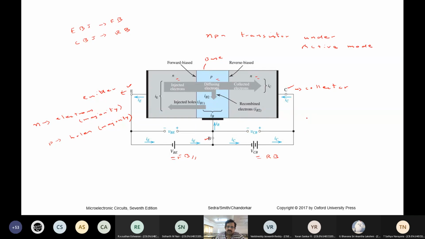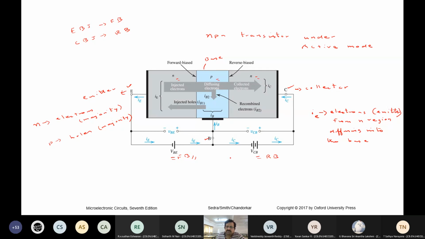So the emitter current is constituted by electrons from the N region, that is the emitter region, diffusing into the base region. So this is one of the components.